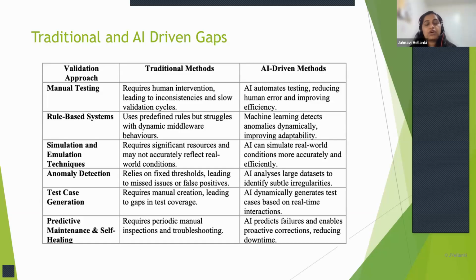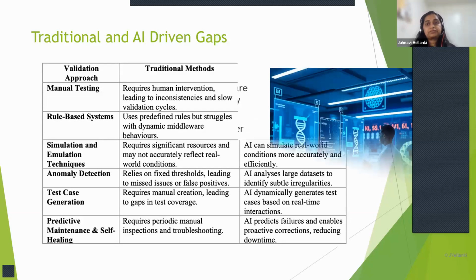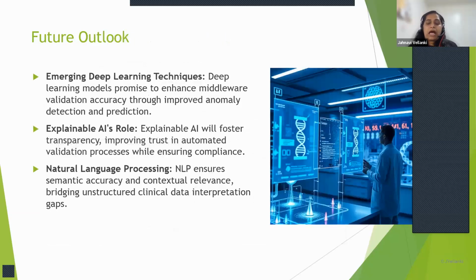So, though we see the limitations on both the traditional methods and AI, AI still has a lot of points or qualities that can prove that it could be more efficient compared to the traditional method we have today. Future outlook.